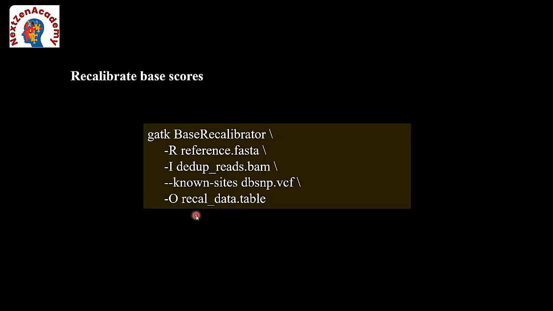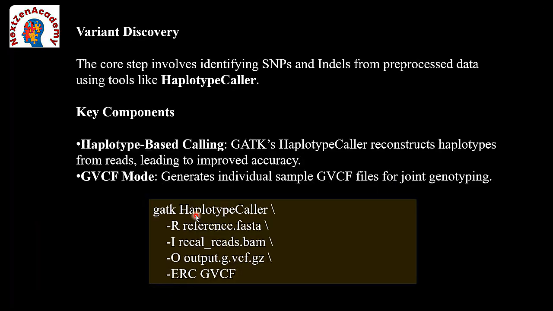with the reference FASTA file as input, and the input file will be the deduplicated reads in BAM format, and the known sites from dbSNP we need to give.